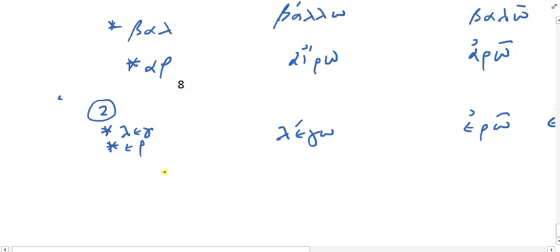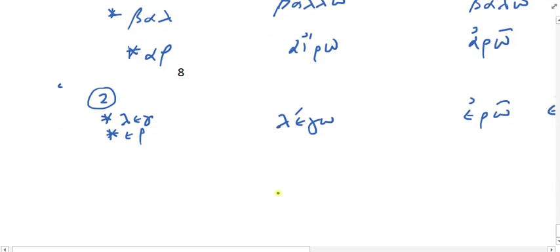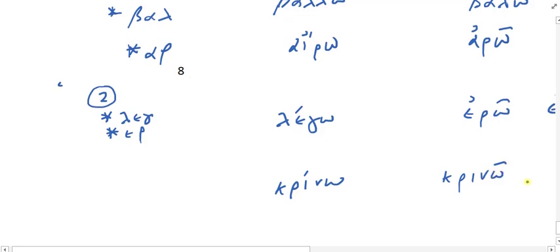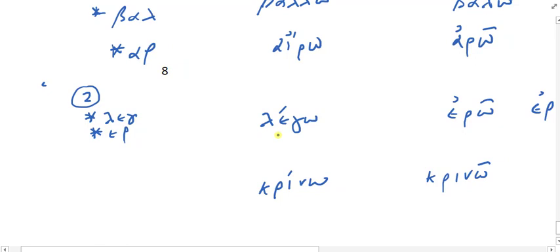And then take a verb like krino, and meno for that matter. The present is krino, the future is krino. Is this a liquid future? Absolutely. Are the stems the same?